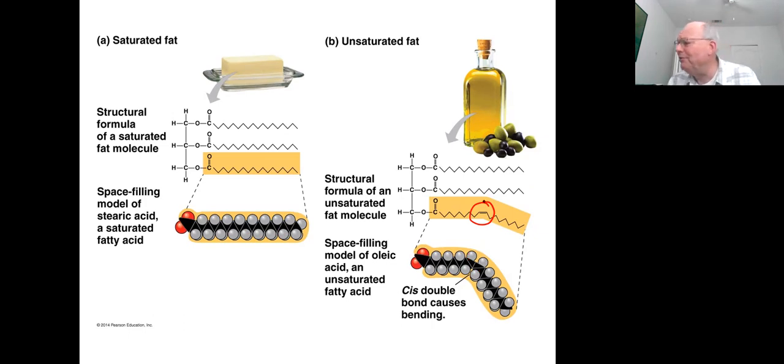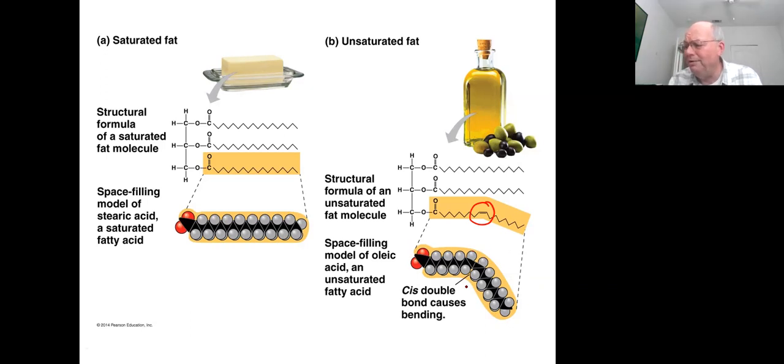So the presence of a double bond changes everything. For one thing, it reduces the number of hydrogens by 2. So whereas if you looked at this and counted up the number of hydrogens, you'd reach a number. I don't know what the number is because I forget how many carbons there are in this chain, which would determine how many hydrogens are in.